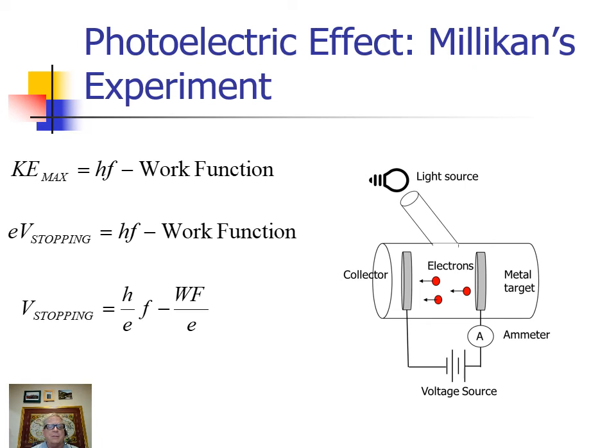And you just divide both sides of that equation by e, and you get that the stopping potential is equal to h over e times the frequency minus the work function divided by the electron charge.